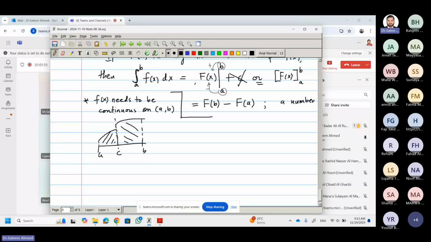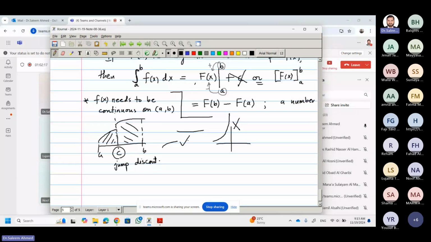You see, I had a property. If there is a jump discontinuity, not infinite. A jump discontinuity means you have a stop here and you take a jump and start from there. It means it is not a discontinuity going to infinity. This is fine. This is called jump discontinuity.